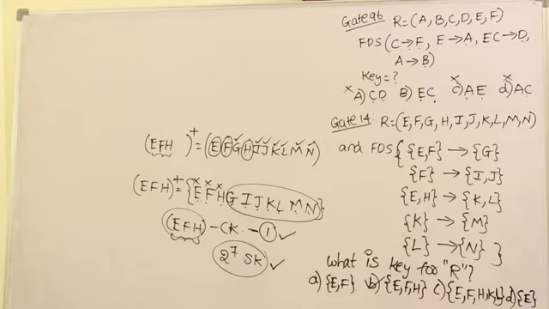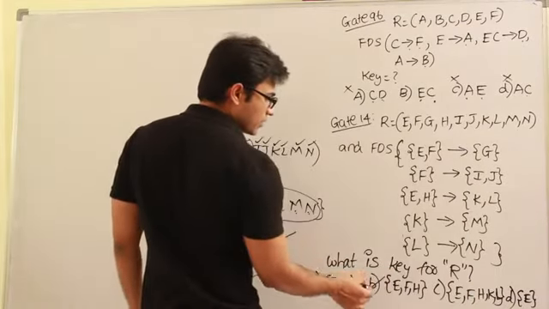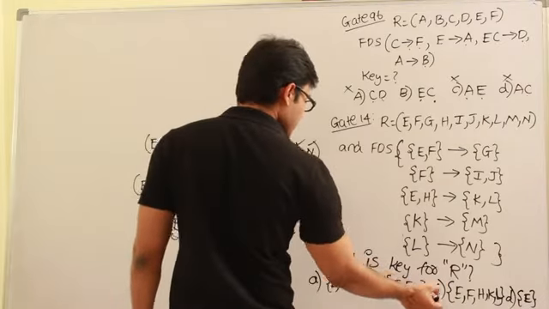They asked for the key and they didn't mention which key it is, right? So candidate key is going to be this and super key is going to be this, E, F, H.